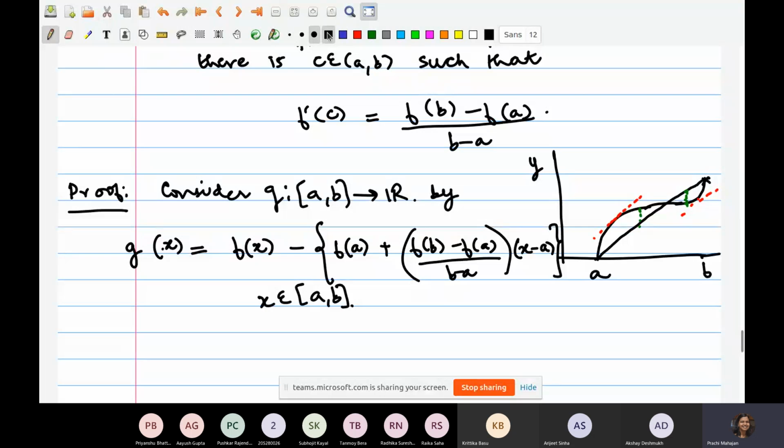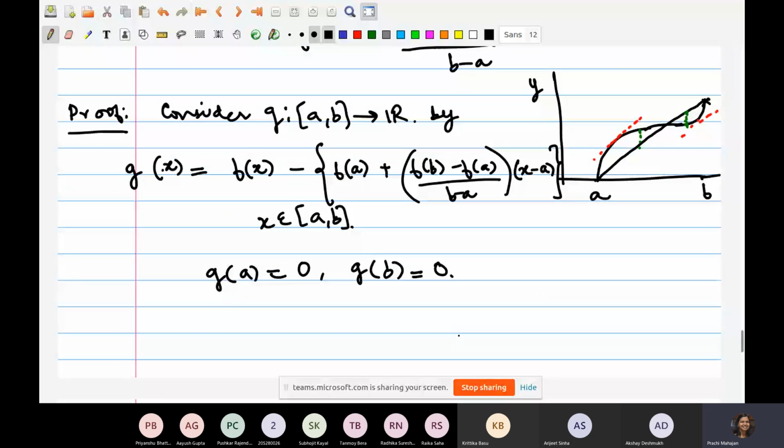It is 0, right? Is that correct? So that means g satisfies the hypothesis of the first mean value theorem, right?